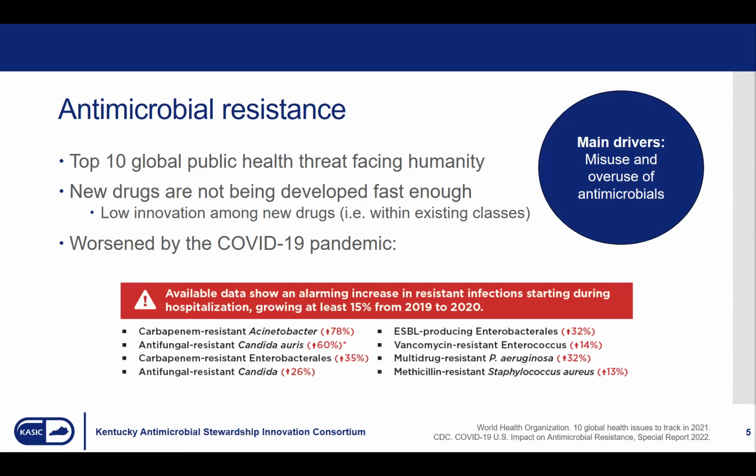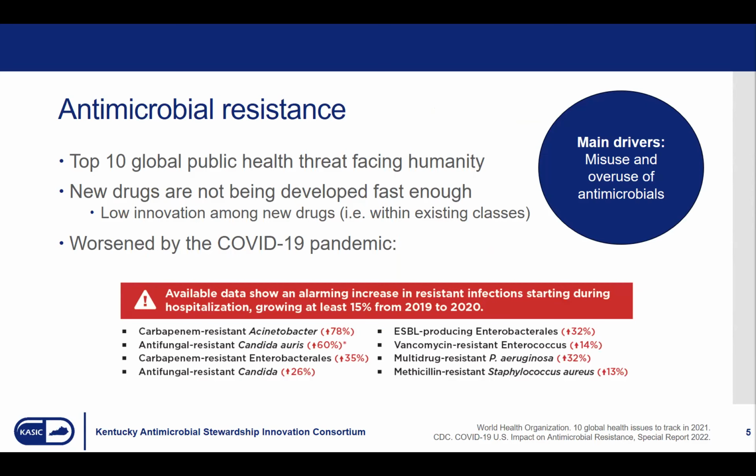Along with air pollution and climate change, the World Health Organization names resistance as one of the top 10 global public health threats facing humanity. Infections ranging from simple UTIs to tuberculosis are at risk of becoming untreatable diseases if we keep having new multi-drug resistant organisms occur.